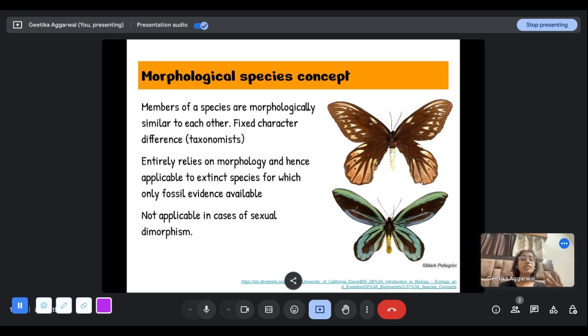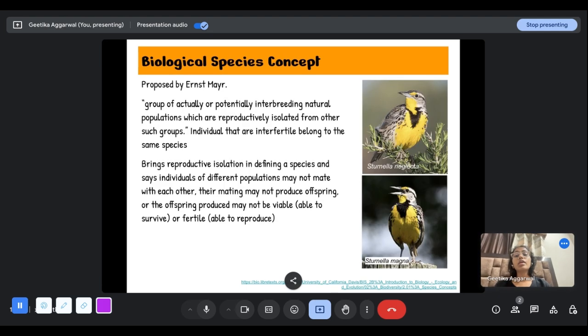So this is where the caveat of the morphological species concept comes in: you cannot use it everywhere unless you are 100% sure and completely aware of the breeding ecology as well. So again, the morphological species concept is also not foolproof. You cannot just describe a species based on its morphology or its physical features, correct?